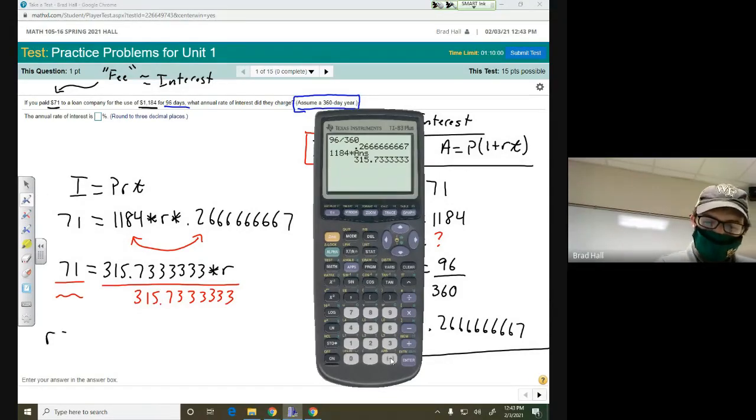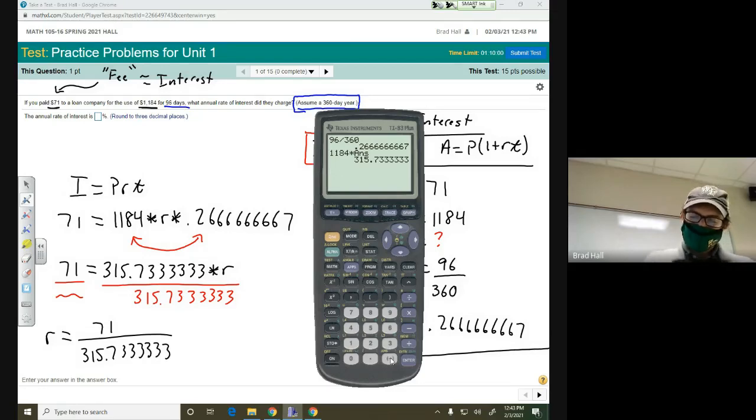So the rate is now 71 divided by that number. And then whatever this comes out to be, that will be the decimal form. So we can do that pretty concisely in the calculator as 71 divided by second and answer. So we don't have to type out everything.